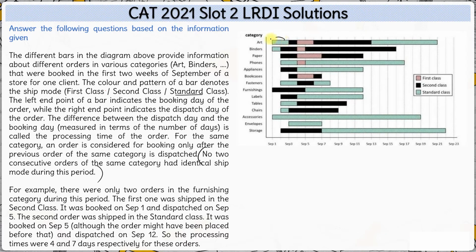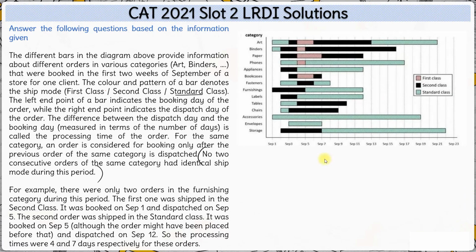So this is one single order and not two different orders. This is one single order. This is one single order. If this is second class, the next order will not be from the second class. The next order will be some other shipping mode. This is what the last point is telling us.